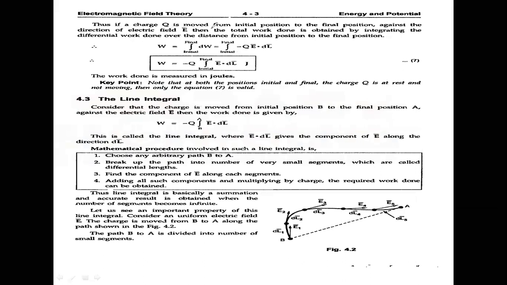Thus, the charge Q is moved from the initial position to the final position against the direction of the electric field, and the total work done is obtained. Okay, the charge Q1 is already there, and the test charge is moved against the direction of the electric field from the initial point to the final point.